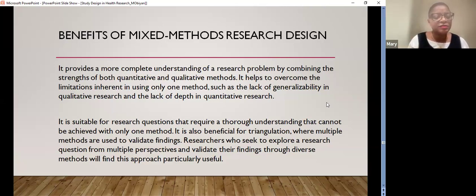Mixed methods is suitable for research questions that require thorough understanding that cannot be achieved with only one method. It is also beneficial for triangulation. Triangulation, we did a study among early childhood education. Sorry, my children are just waking up. Early childhood education in 4 African countries. So what is situational analysis? What is the current situation, right?